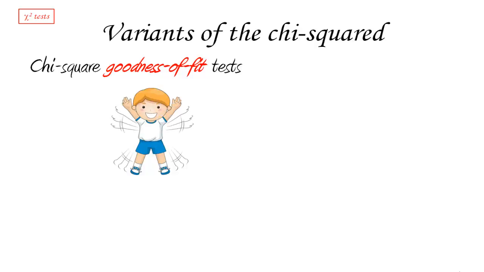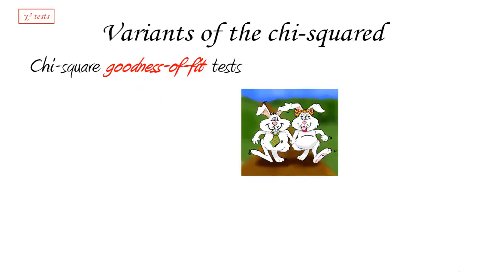Here is another variant of the chi-square test that is actually a little bit more interesting, although it's still not used very often. This is the chi-square goodness of fit test. Now, this is not a test that tests how fit people are. It doesn't have anything to do with fitness, but it has something to do with how well things fit with each other.